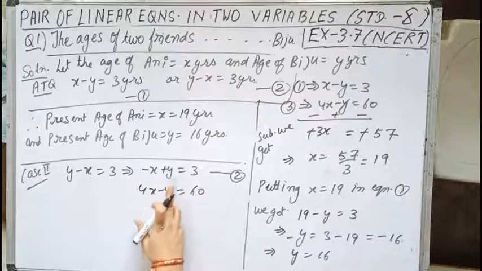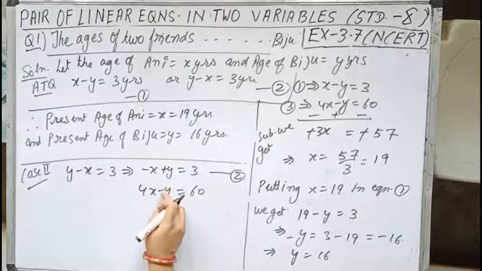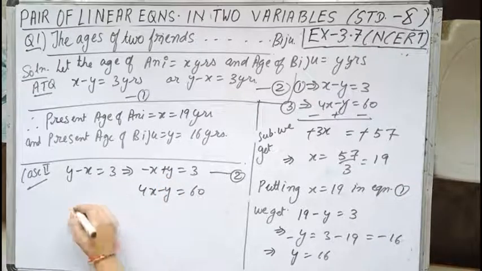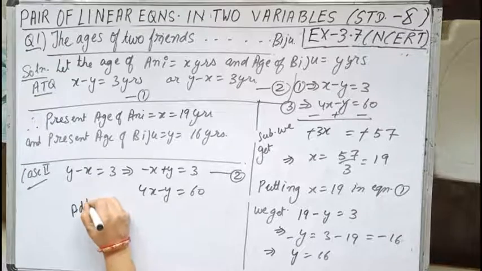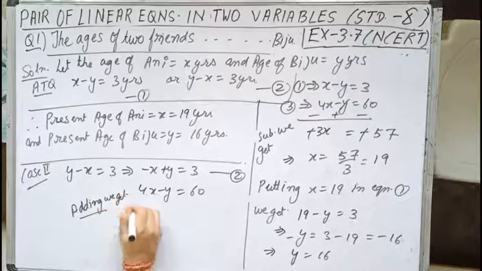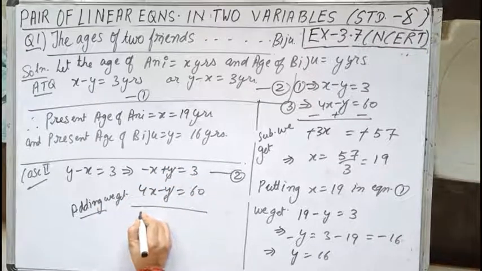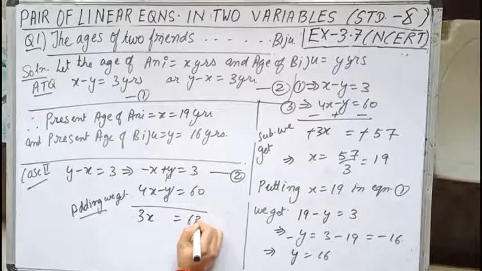Let us solve it. Since the coefficient of y is opposite over here and the numerical value is same, let us directly add it. So if we add it, these two will be cancelled, and 4x minus x is 3x equals 63.